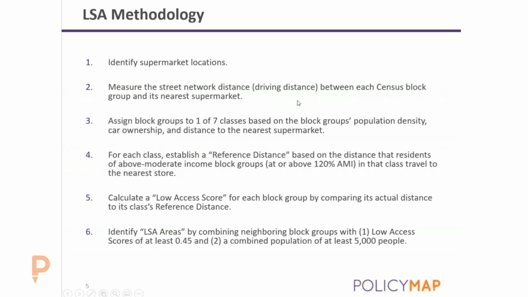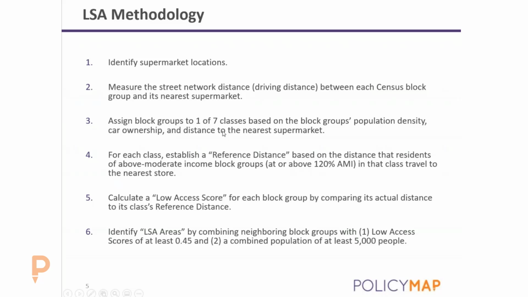So this is the methodology to get to what is considered an LSA. The easiest one, of course, is identify the grocery store. And then one of the biggest changes of our methodology versus the USDA at that time was that we did a drive time distance instead of just as the crow flies. We measured how far someone would drive from the centroid of a geography, like a block group, to the grocery store itself, and that became the actual network distance.